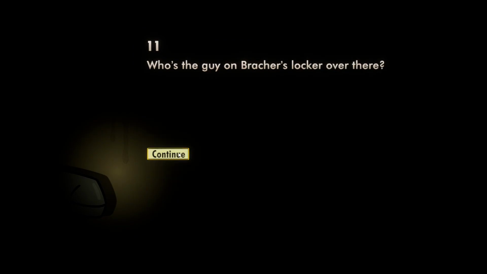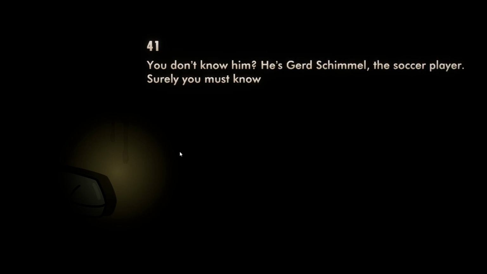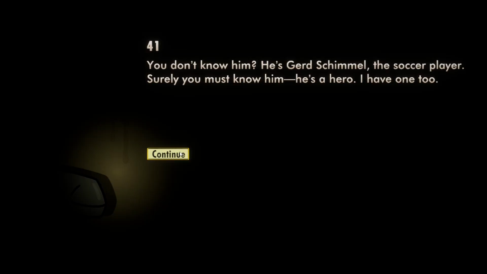Who's the guy on Brocker's locker over there? Brocker. You don't know him? He's Gerd Schimmel, the soccer player. Surely you must know him. He's a hero. I have one too. He seems familiar. Did he used to have a mustache? Yes, he shaved it off. Very touchy subject. So, do you think we can sneak out of here for a while, Rudy?